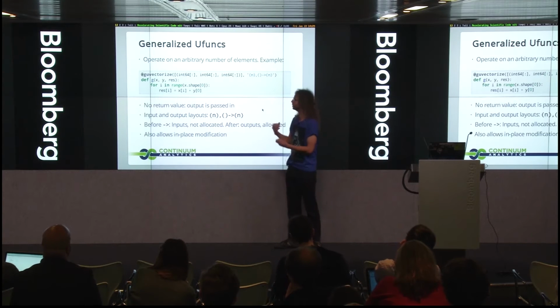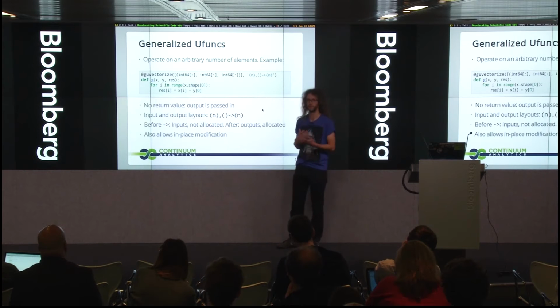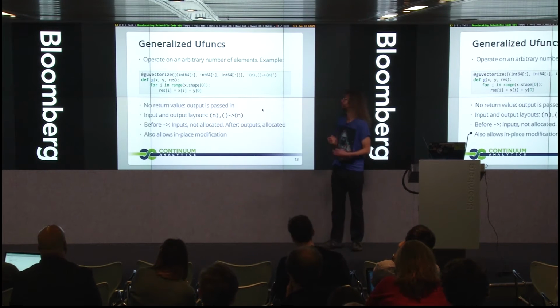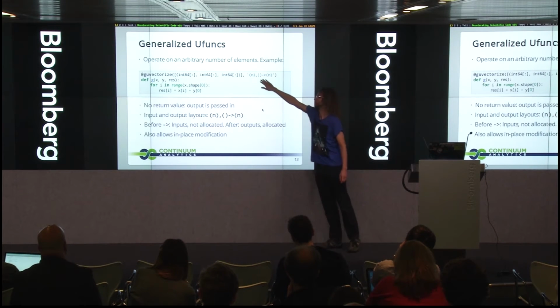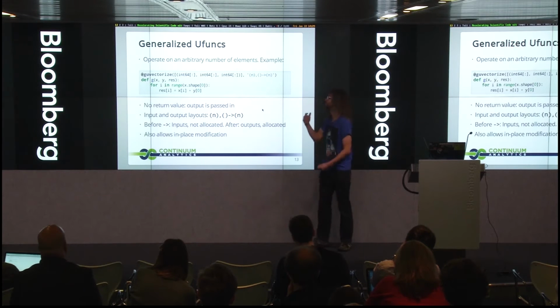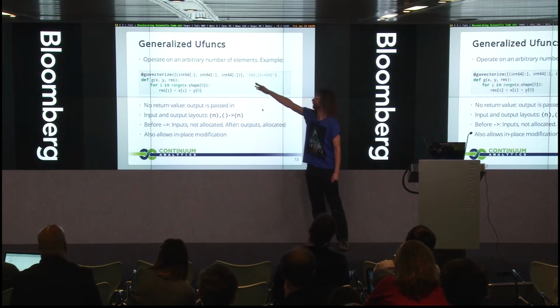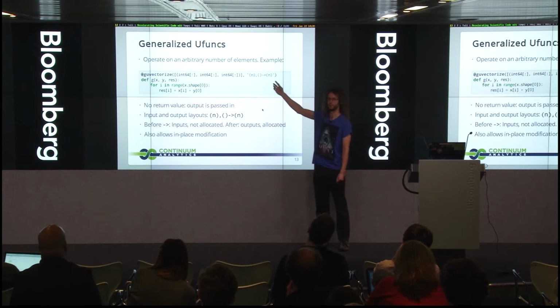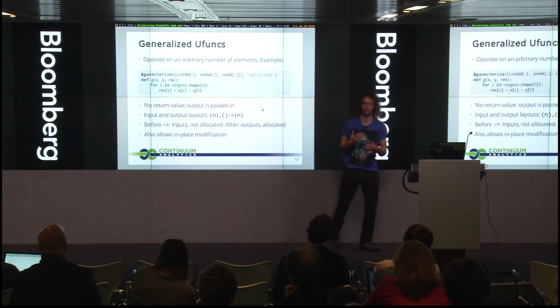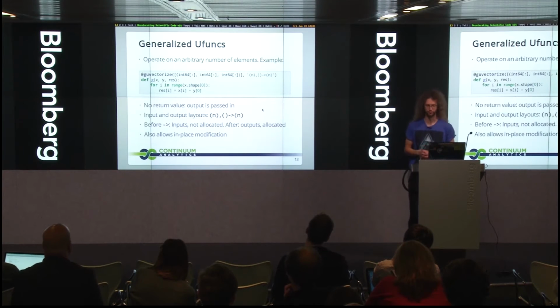In this example, the types of the two inputs and the output are int64. The second thing you need to give it is a layout specification, which is this string. In this example, we're taking an n-length vector and a scalar, and that maps to an output of an n-length vector. The inputs and outputs are delimited by the arrow notation.